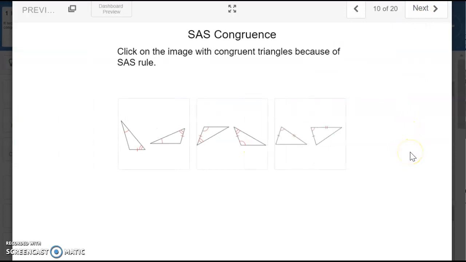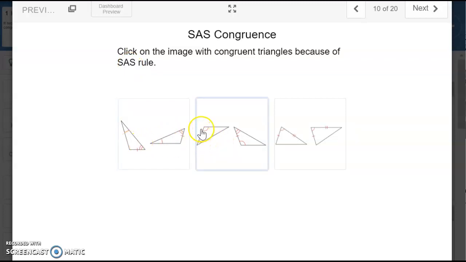Okay, click on the image with congruent triangles because of SAS rule. That means we have two sides that are congruent, and the angle, do you see the angle is in between? We need the angle pair that is congruent to be in between the two side pairs that are congruent. Here we have two angles. We don't want that.